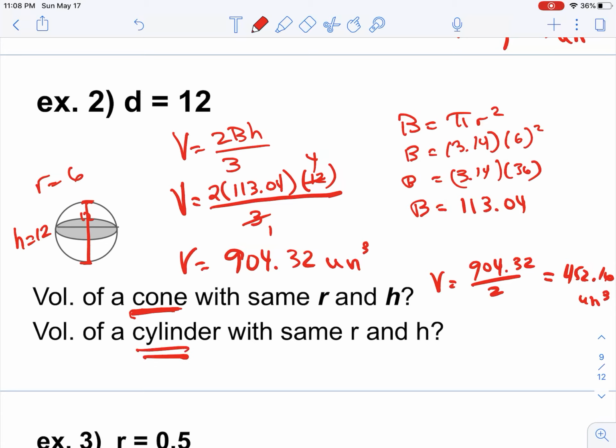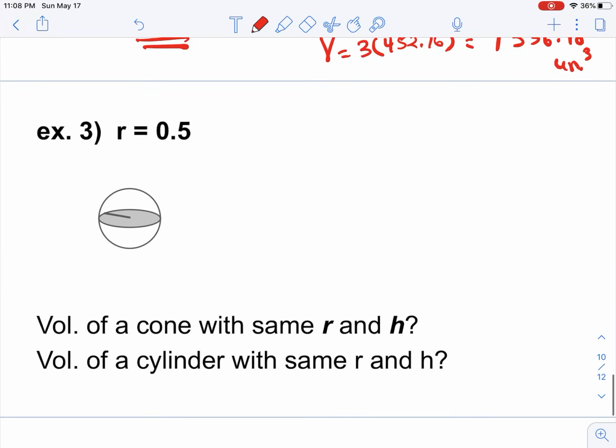If we're going to find the cylinder with the same radius and height, and now we know one cone, we can just triple it, times 3. So 452.16 times 3. That's giving us 1,356.48, and that's units cubed.